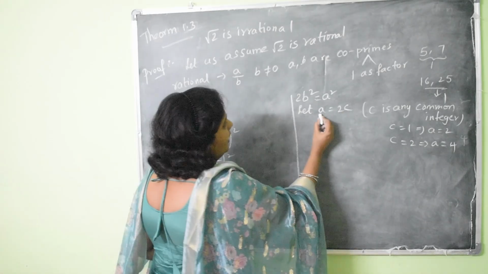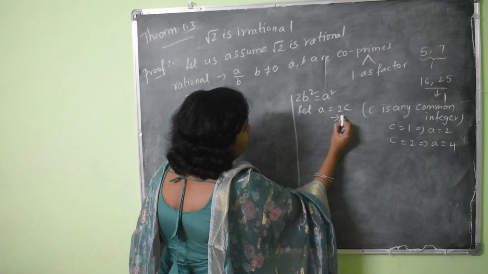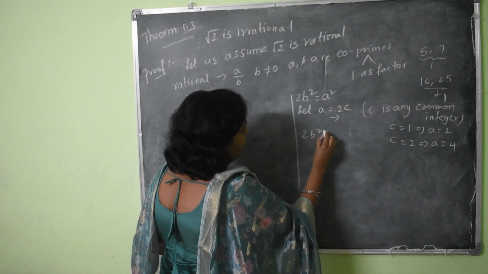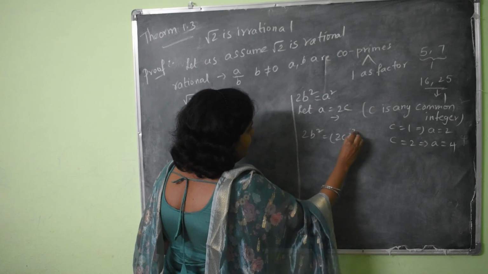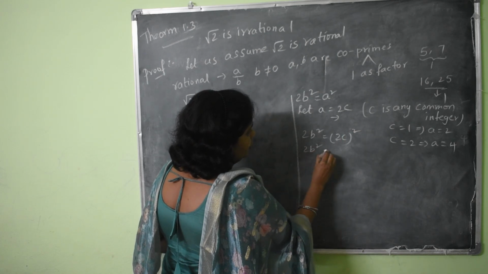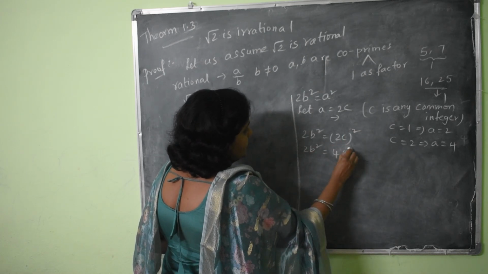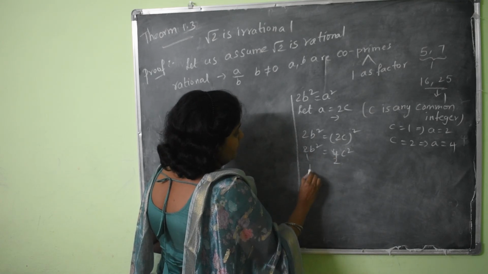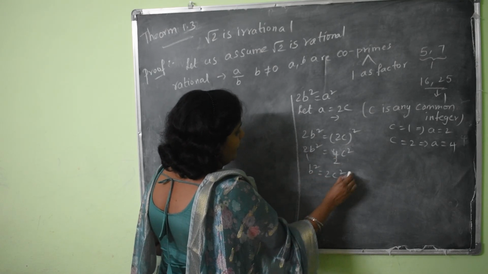Now substitute A equal to 2C in this equation. 2B square is equal to 2C whole square. So 2B square is equal to 2 square, which is 4, times C square. Cancelling, 2 ones are 2, 2 twos are 4. B square is equal to 2C square.